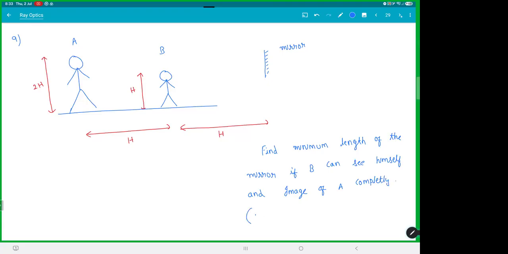Neglect the distance between the eyes and the head. So you can assume the eyes are exactly on top of the head.